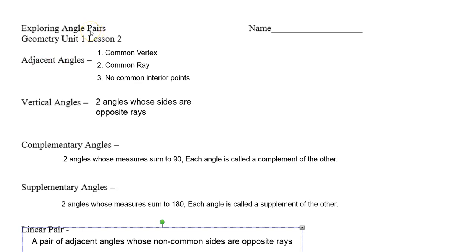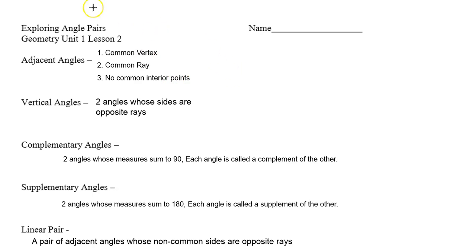So when we talk about angle pairs, obviously we're thinking about pair being more than one angle. So we can expect that today. So the first angle pair that we're going to talk about today is adjacent angles. And as we see here, adjacent angles have a common vertex, they have a common ray, and they have no common interior points.